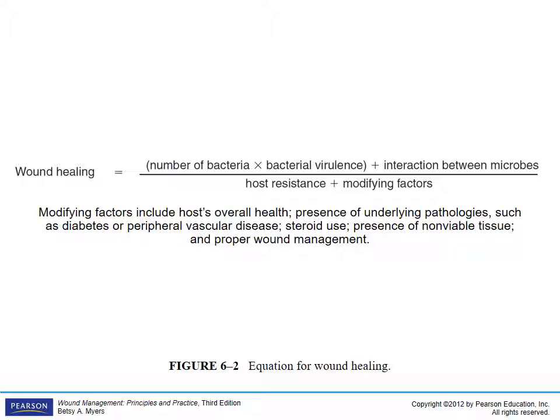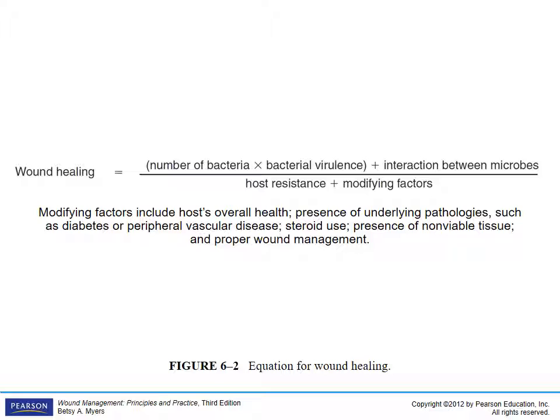Modifying factors, as you see, means how healthy are you overall? What underlying pathologies, such as diabetes or peripheral vascular disease, where you don't have a lot of blood flow to assist in fighting the infection? Maybe there's been steroid use.